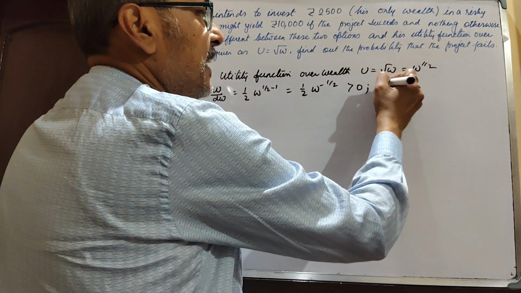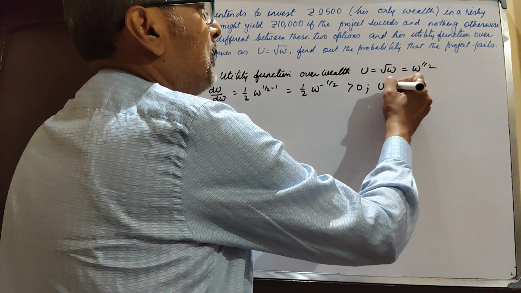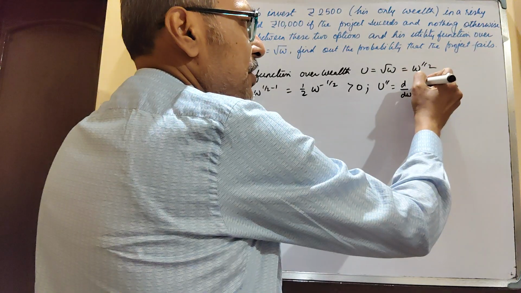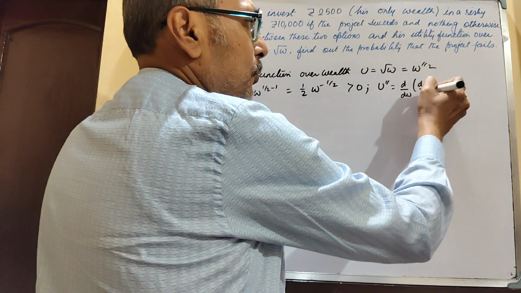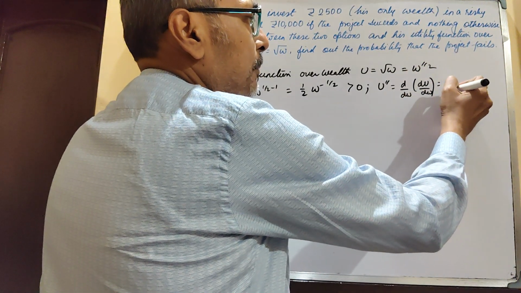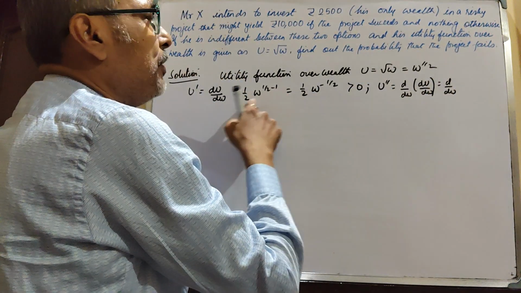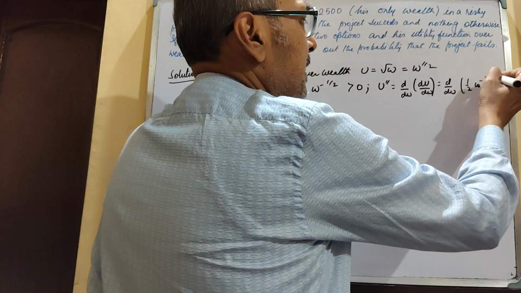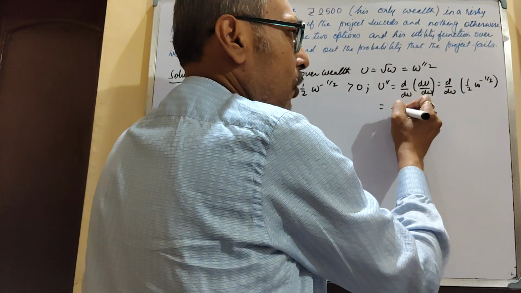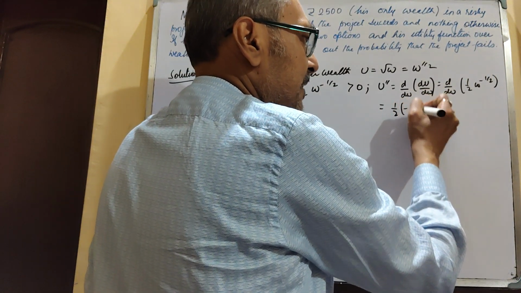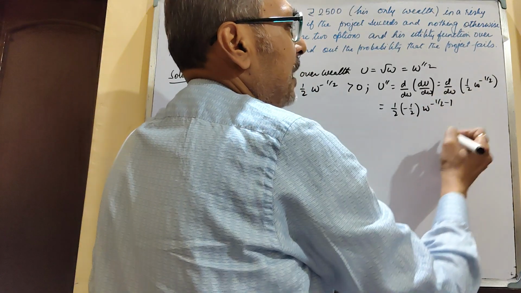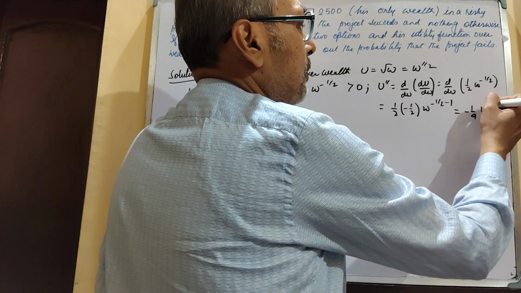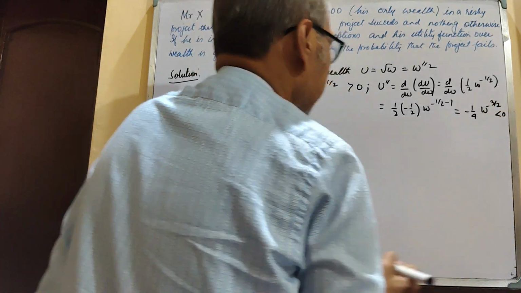And now we do the second order derivative, that is u double prime. What is u double prime? That is d by dw of du by dw. In place of du by dw we put this value, half w to the power minus half. Half is constant, minus half comes here, w to the power minus half minus 1. That is minus 1 by 4 w to the power minus 3 by 2, negative.